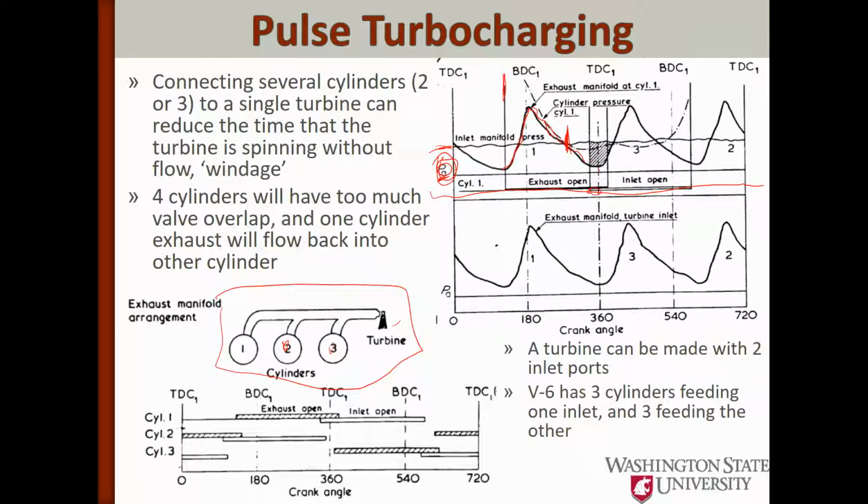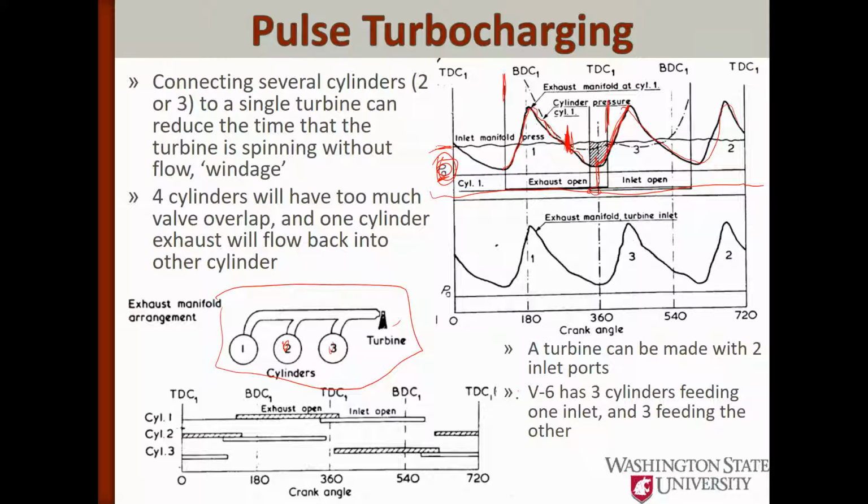So then the next cylinder opens here and begins repressurizing that tube between the engine and the turbine, and that process repeats itself again. If we tried to put 4 cylinders on a single turbine, we most likely wouldn't be able to engineer this crossover point to occur before the next inlet valve opens.